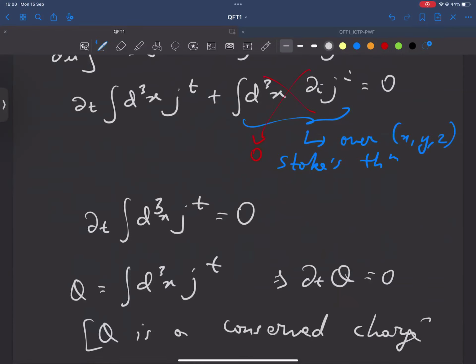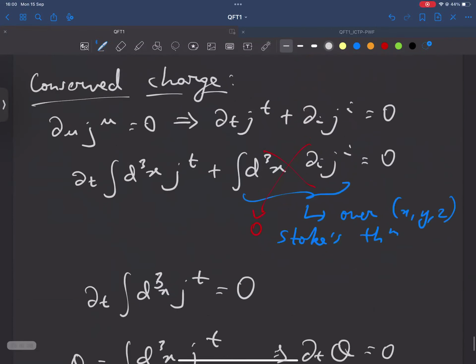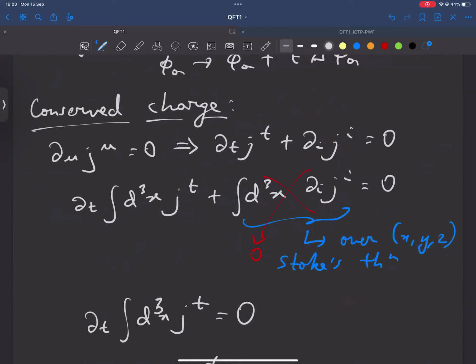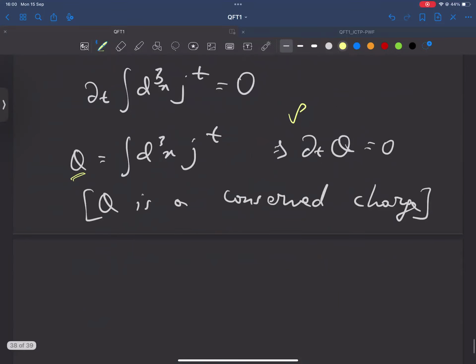The notion of conserved charge should be clear, because in classical electrodynamics, as you very well know, there is a continuity equation like this. And there the electric charge density, which you denote by rho, is exactly this. When you integrate it over volume, you get the conserved charge.